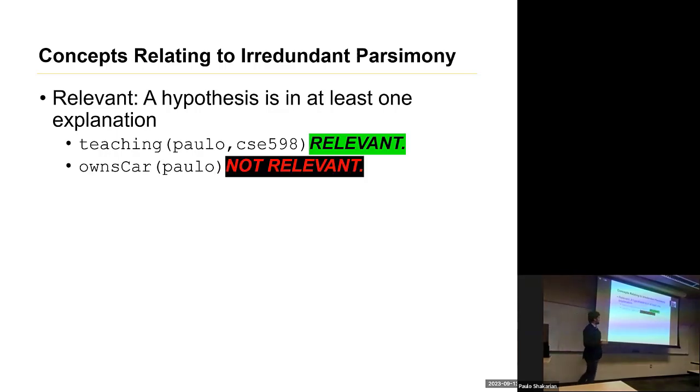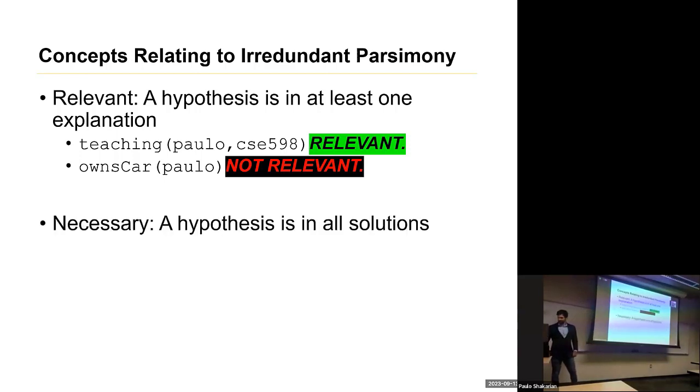Now, even if I had owning a car in the theory, but maybe if it was disjunctive or to a given body of a rule, there could be times when it's still in the theory, but it's also still not relevant to the ultimate outcome. Necessary is the other case wherein all of the solutions to the abduction problem, that hypothesis must occur.